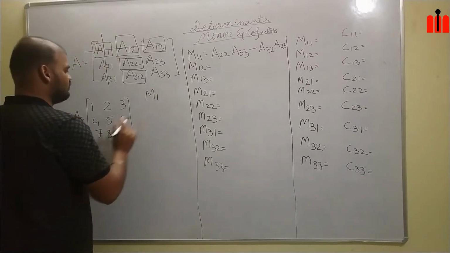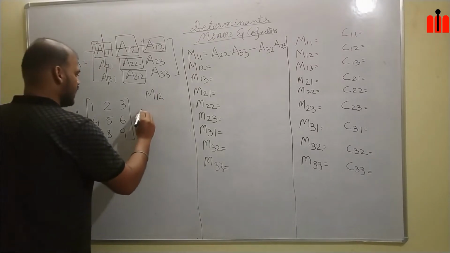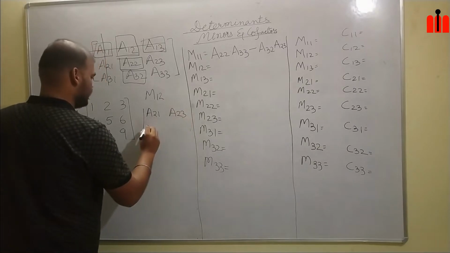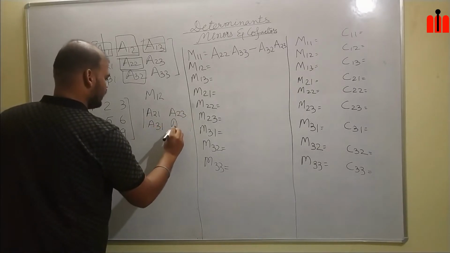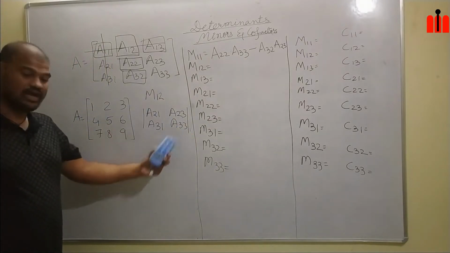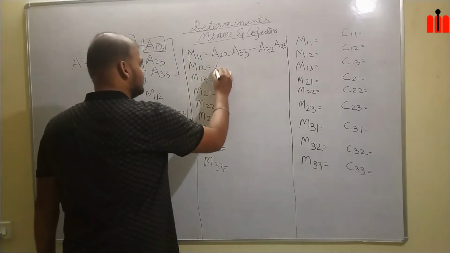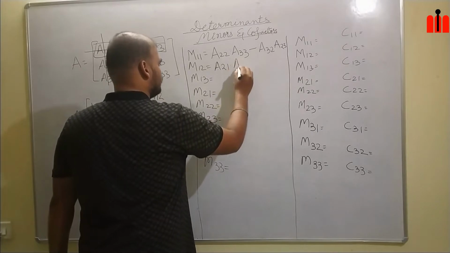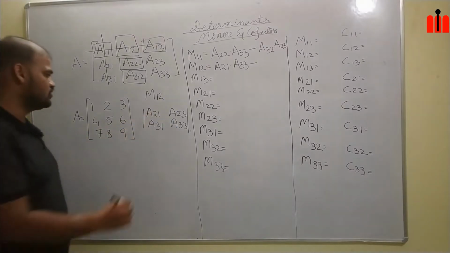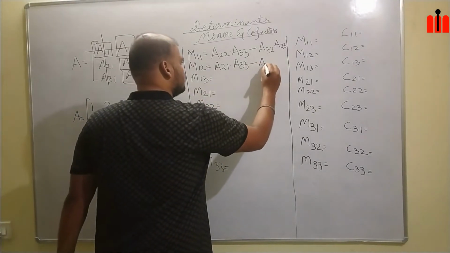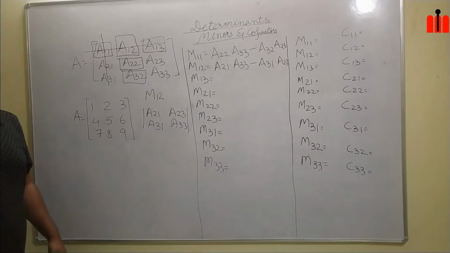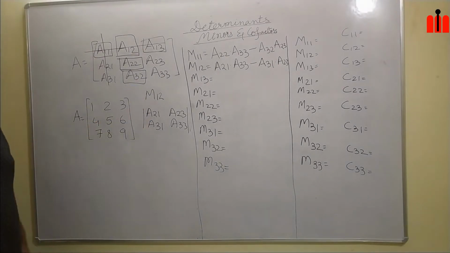So my minor M12 will have A21, A23, A31, A33. Now, left to right, down, A21 into A33, minus left to right, up, A31 into A23. So this will be minor M12.